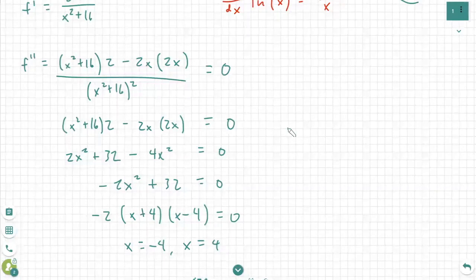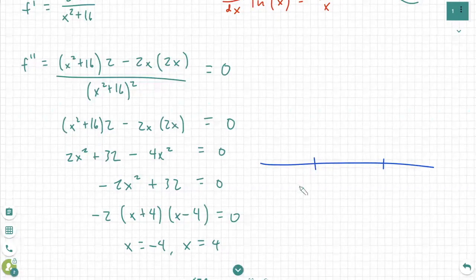Because inflection points are the boundaries, they separate the number line into intervals where the function is either concave up throughout that whole interval or concave down throughout. So we know the second derivative is 0 here. Yes. So find the point in between them and plug it in to see what the sign is.